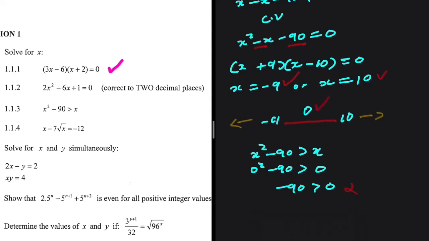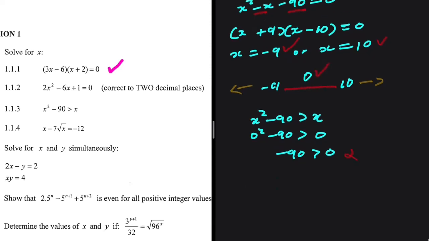Our inequality is not going to be satisfied. We're going to get an answer that is mathematically wrong, which will tell us that our answer does not lie between minus 9 and 10, but it actually lies outside. So what can we say? We can say that x is less than minus 9 or x is greater than 10. That is our final answer.